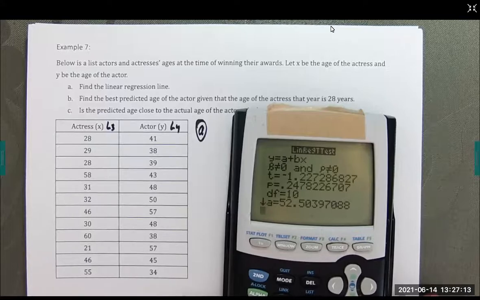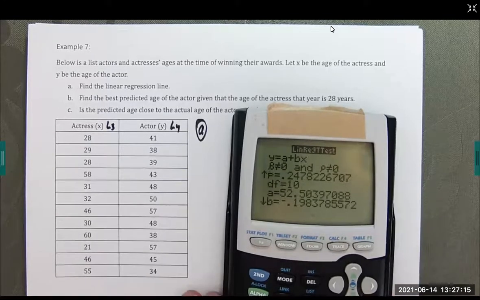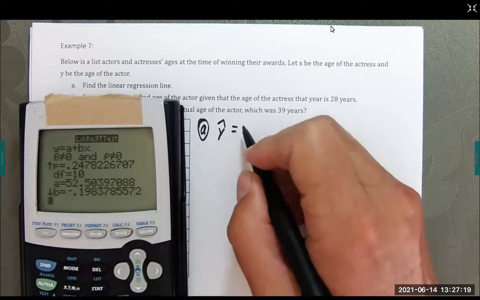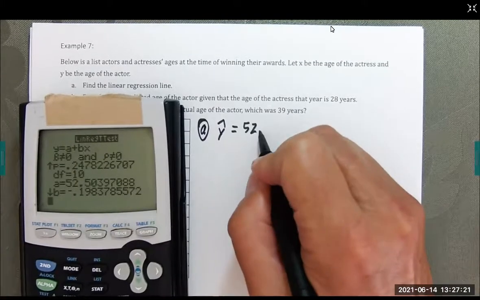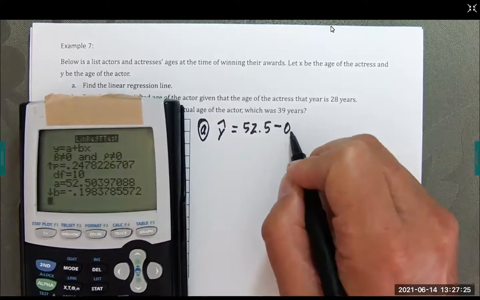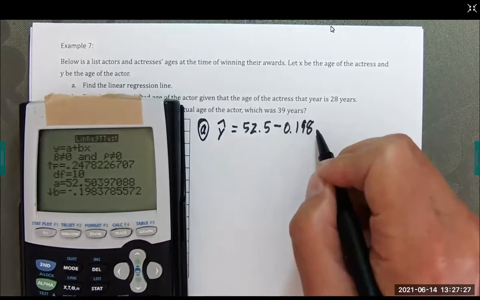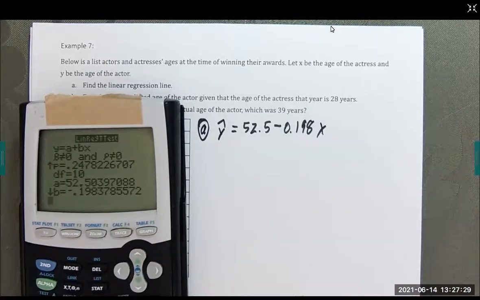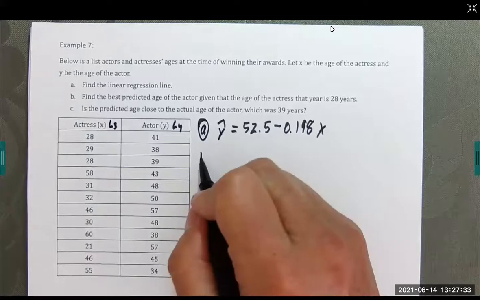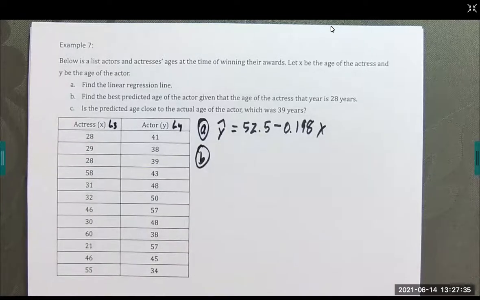All right, so I'm getting y hat is 52.5, we'll say, minus 0.198x. Part B, find the predicted age of the actor, given that the actress that year was 28.